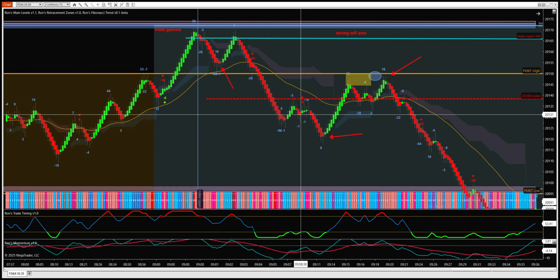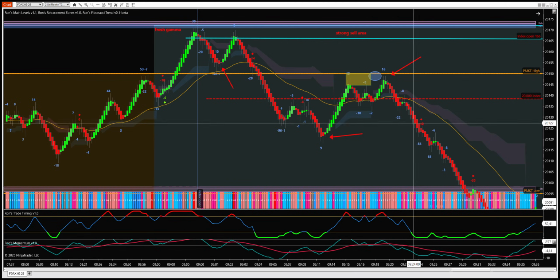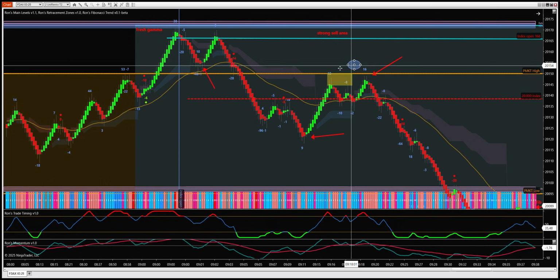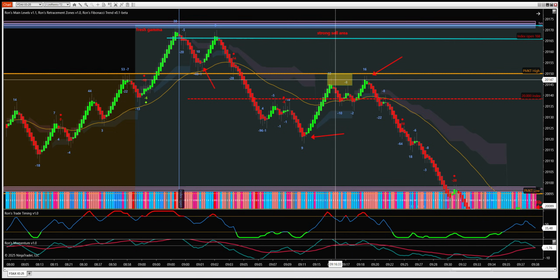Now I trade the same setup, pre-market high retest short. So I mark it with a circle like this. I want to trade a setup here. This is why I mark it already.